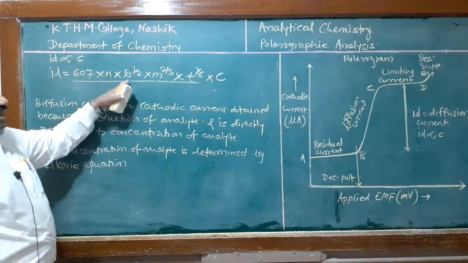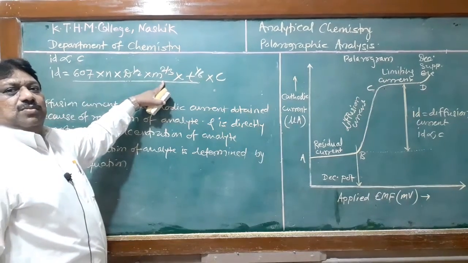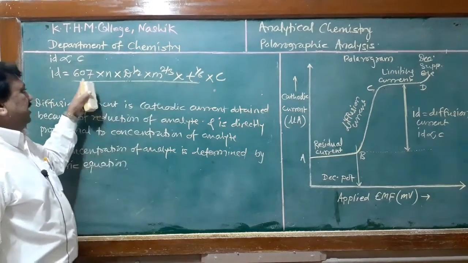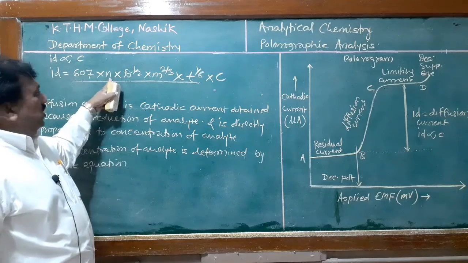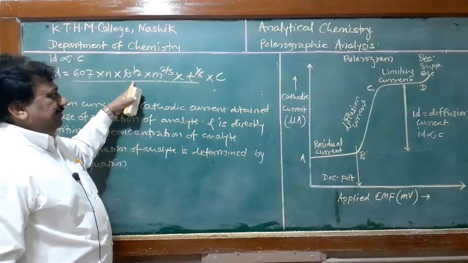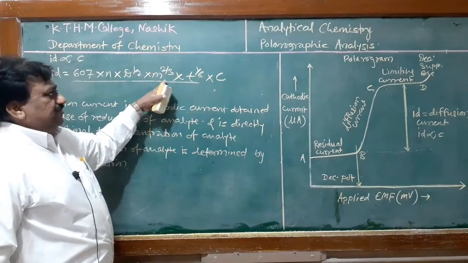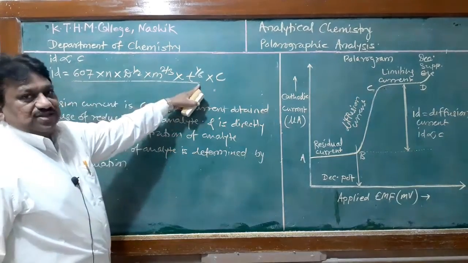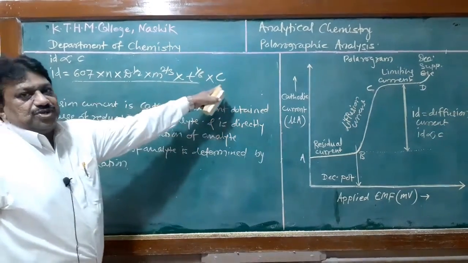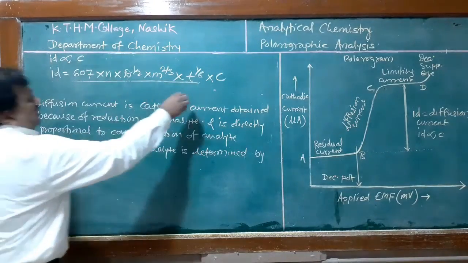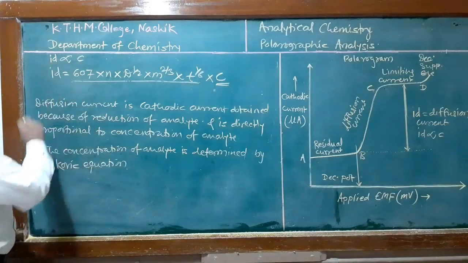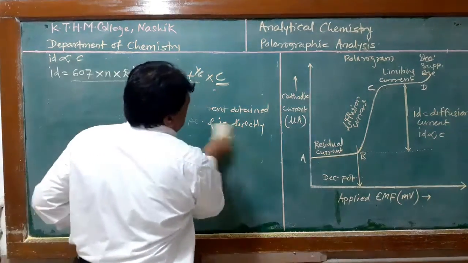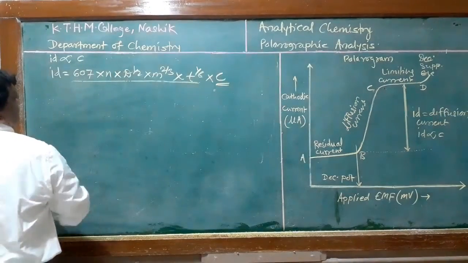Therefore, for a particular analyte and a particular dropping mercury electrode, this is constant. For cadmium ion, the number of electrons is 2, and the diffusion coefficient is again constant for cadmium. Mercury flow rate we can adjust to a fixed value, and drop time is adjusted to a fixed value. Therefore, for a particular analysis, all these factors are constant, and ID is directly proportional to C, and the concentration is then determined by using this equation, which is called the Ilkovic equation. That means the quantitative analysis is done by the Ilkovic equation.